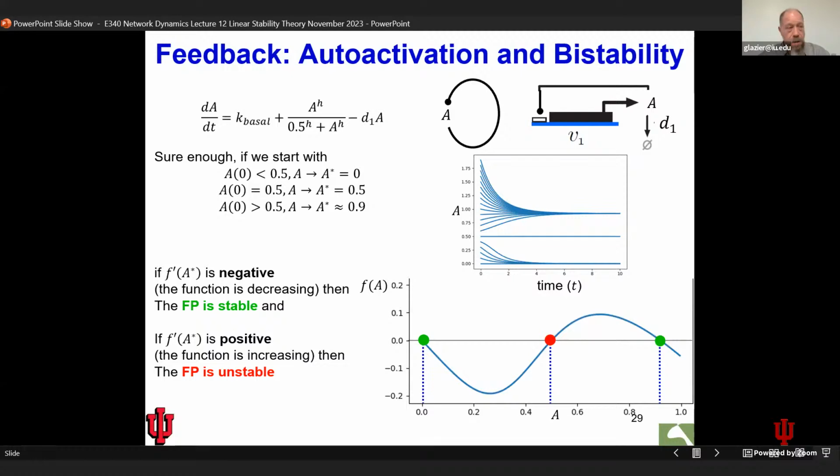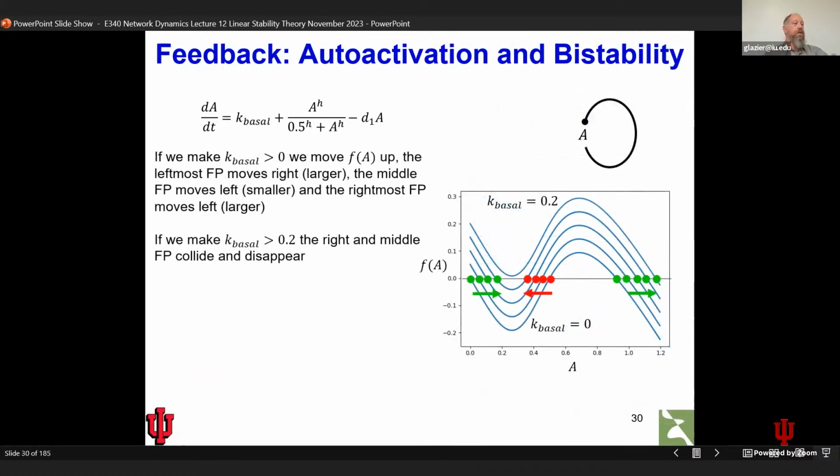So now let's see what happens when we change k-Basal. When we change k-Basal, we're adding a constant to our entire function, and so that's taking our curve and sliding it up.